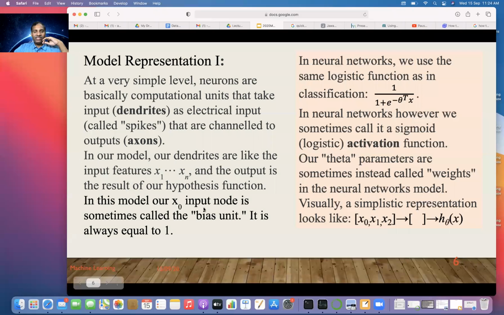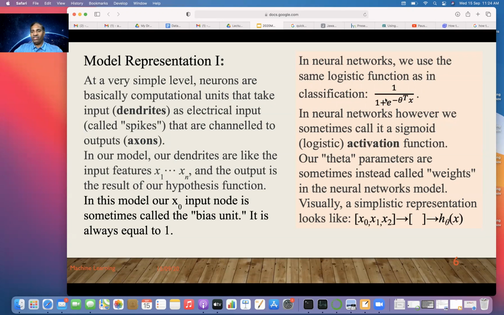In this model, our x0 input node is sometimes called the bias unit. x0 means your constant term. It is always equal to 1, if you remember, as in linear regression also. In neural networks, we use the same logistic function as in classification, 1 over 1 plus e power minus theta transpose x. This is 1 over 1 plus e power minus z, where z equals theta transpose x.